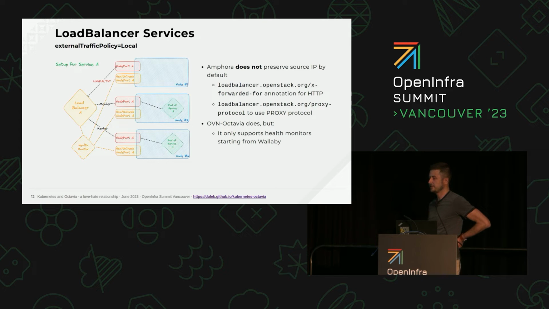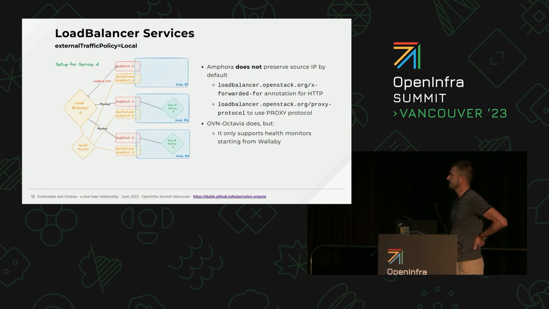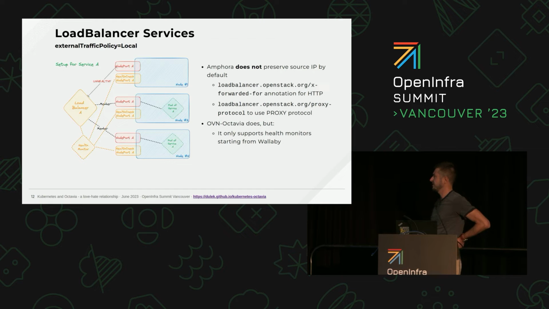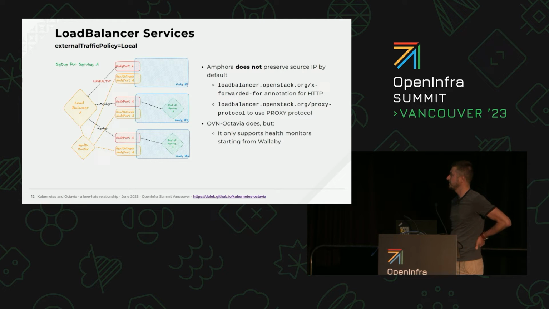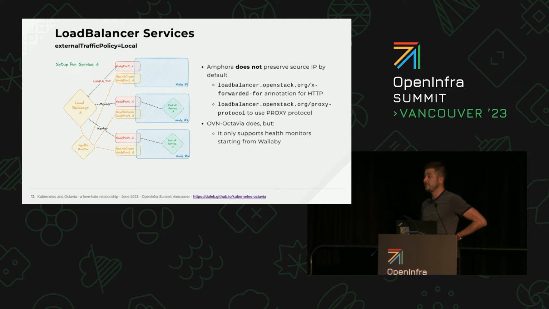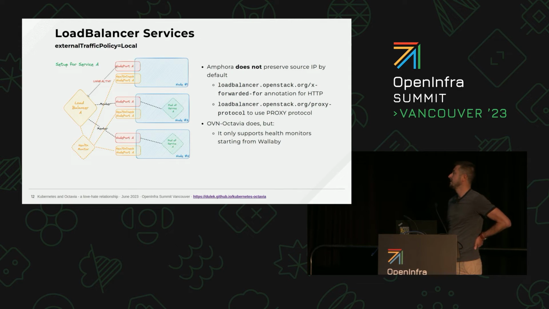You set these annotations on the service. The first one is loadbalancer.openstack.org/x-forwarded-for, and that enables the HTTP header injection with the source IP. And the other option is to use the proxy protocol that also allows you to read the source IP.